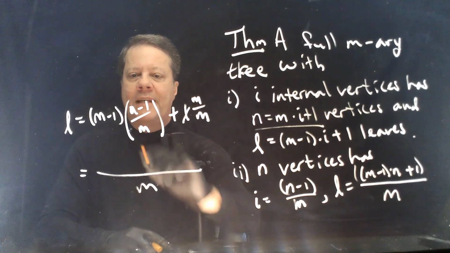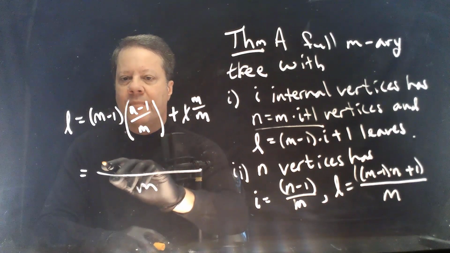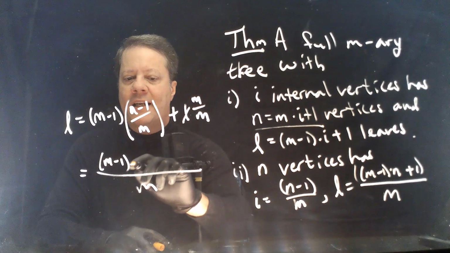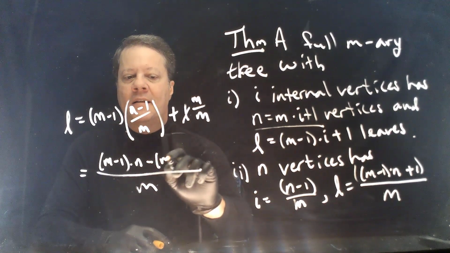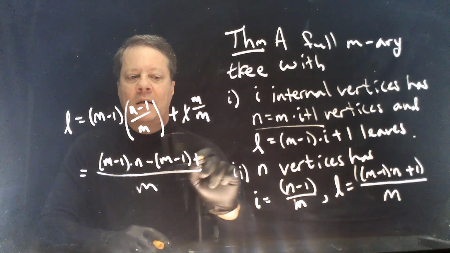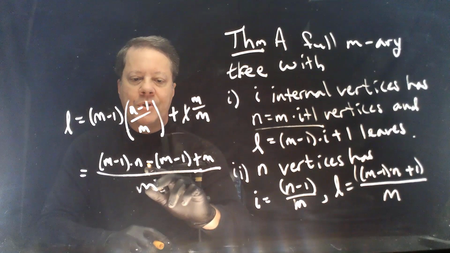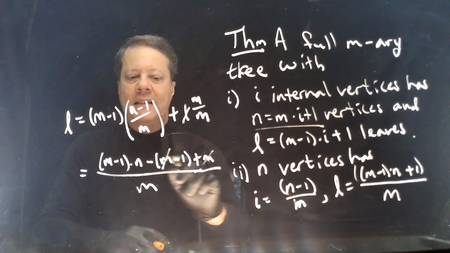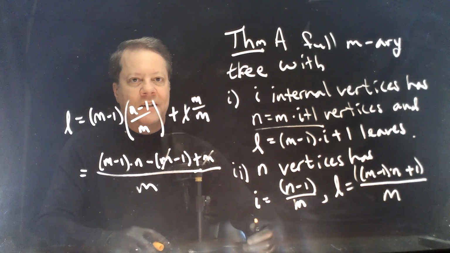So you're going to have m down here on the bottom. We're going to have to distribute. When we do distribute, we'll get m minus 1 times n, but then we'll get minus m minus 1 plus m, which is left over here. So when you distribute the minus here, you'll get a negative m and a plus m. These will cancel. Negative, negative gives you plus. That's how you get plus 1 right here.